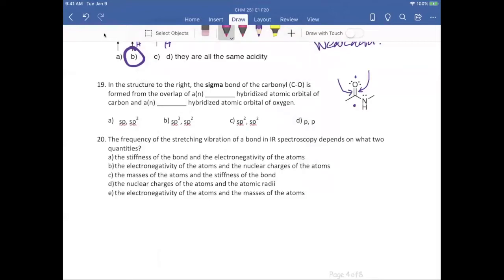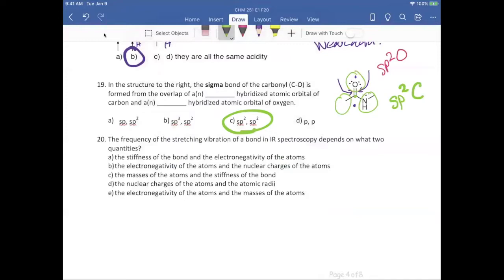So the oxygen up top has 1, 2, 3 things coming off of it, so that's going to be sp2. The carbon right here also has 1, 2, 3 things coming off of it, so that's also sp2.